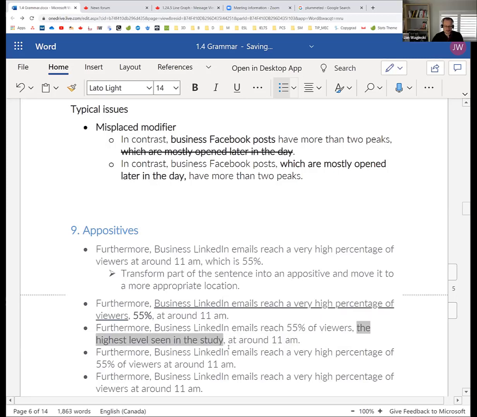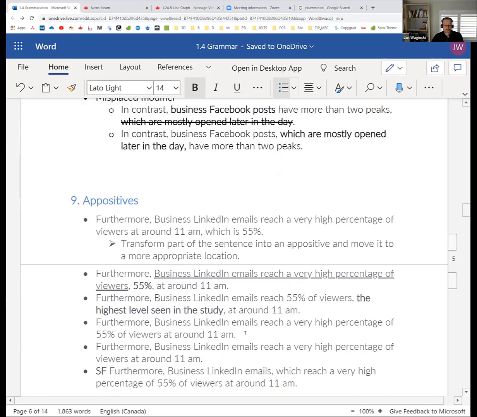This would be a more typical example. This and this are exactly the same thing, so the appositive is the most appropriate construction for this situation. We'll see examples of this later today.